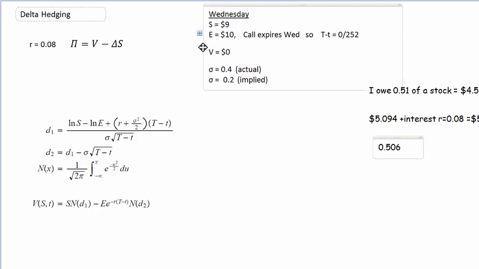And I also own this call option. Well, the call option is worth nothing, so it expires worthless. But long story short, I made 50 cents for nothing. So that's a good thing.